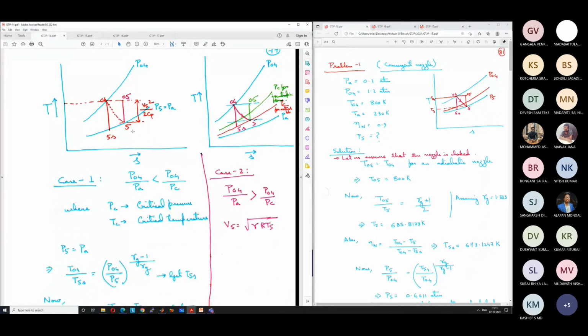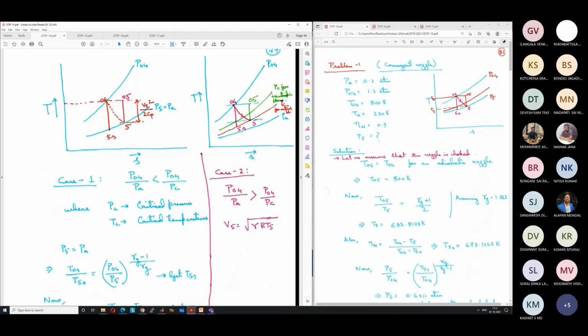So what happens if the nozzle is not choked? The left diagram shows the condition when the nozzle is not choked. In that case, the inlet condition to the nozzle is 0,4, which is the turbine exit condition, and the stagnation enthalpy does not change in a nozzle.